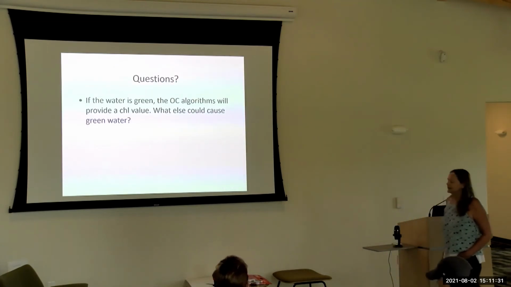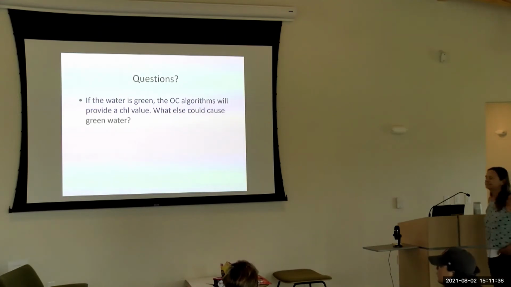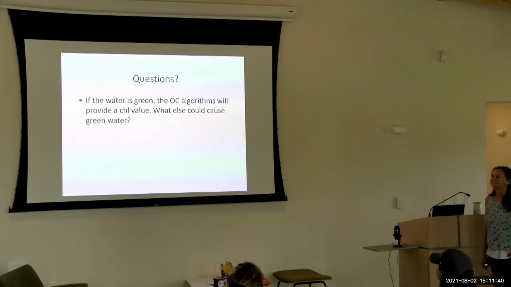All right, if the water's green, OC4 is going to give you a chlorophyll value. Is it always right? Where would you be suspicious?